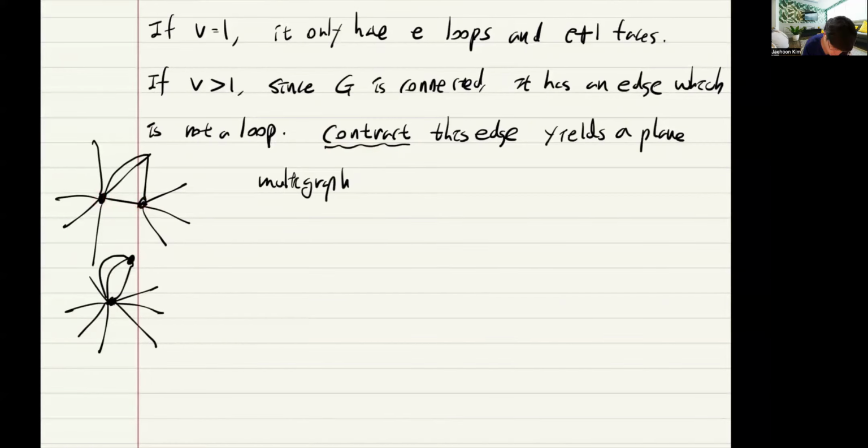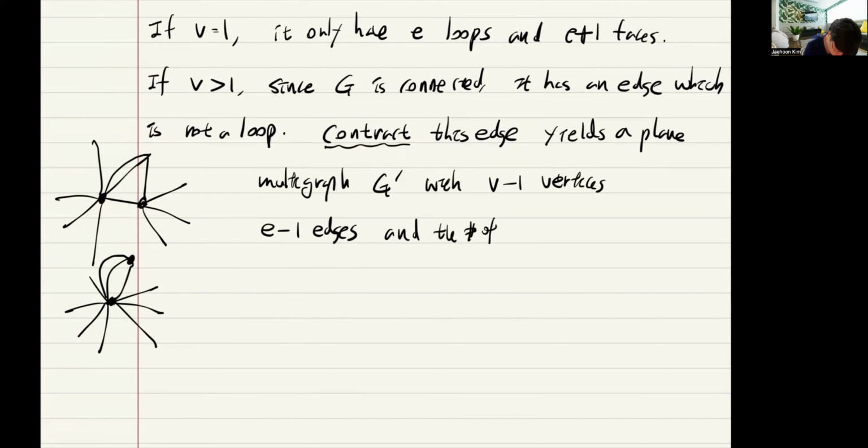This is a plane multigraph G prime with p minus 1 vertices and e minus 1 edges. Only this edge disappeared; the other edges are still there. And the number of faces does not change, it's still f. Why?